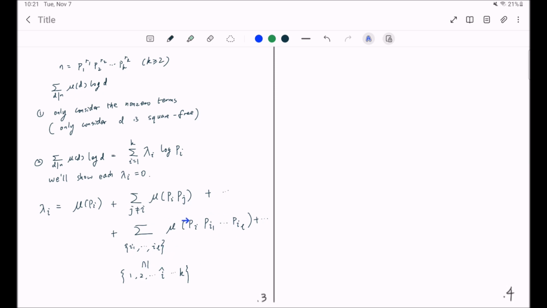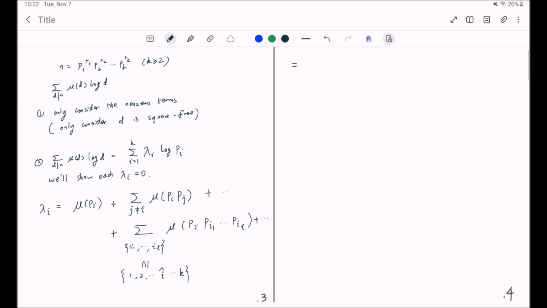So summing up all such possibilities, and that will be the coefficient in front of log of p sub i, where d is the product of L plus 1 things. Hope at this point you can understand what's going on here. Once you understand this part, the rest should be easy, because you can explicitly compute each of those sums.